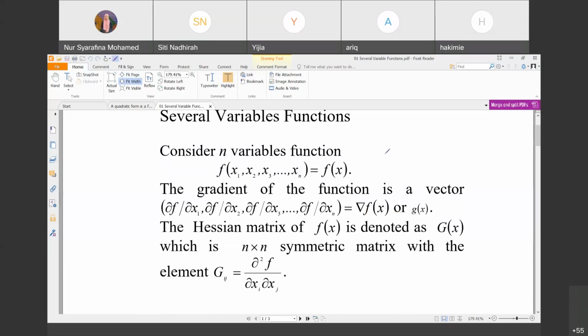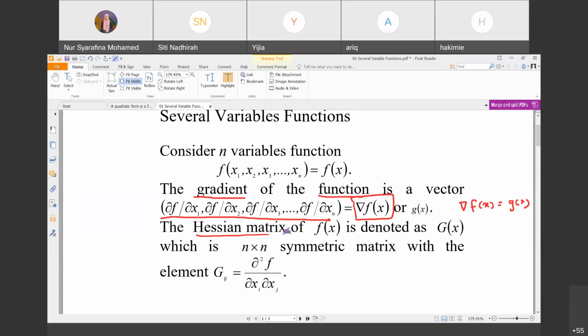Then the gradient of the function is a vector of first derivatives of f, which we can call g(x).